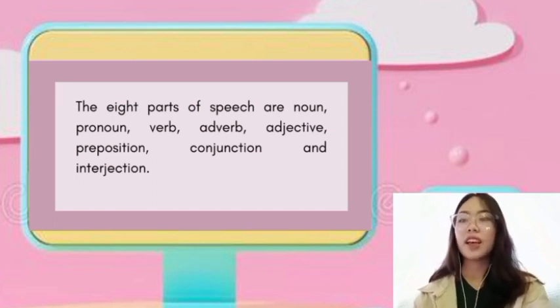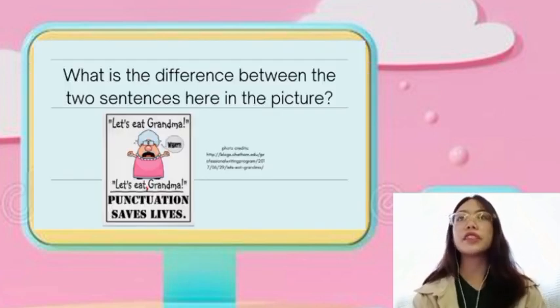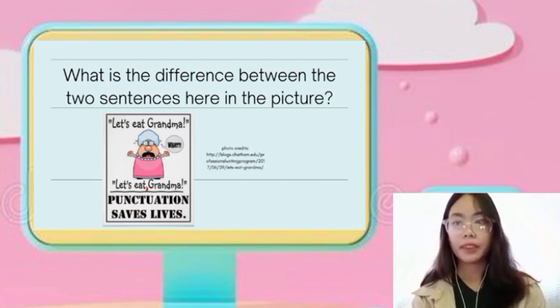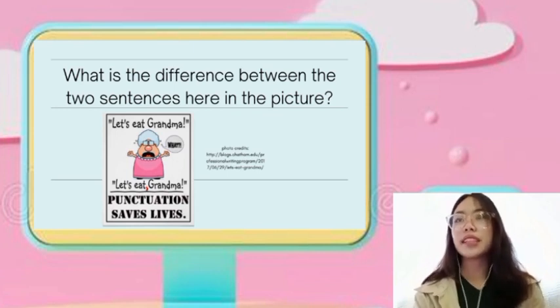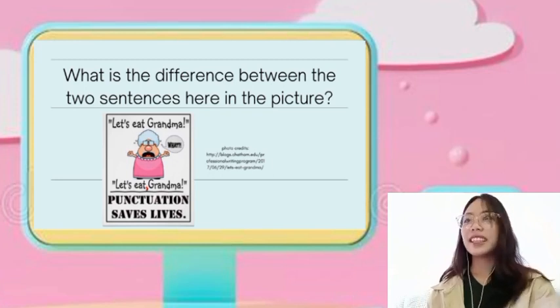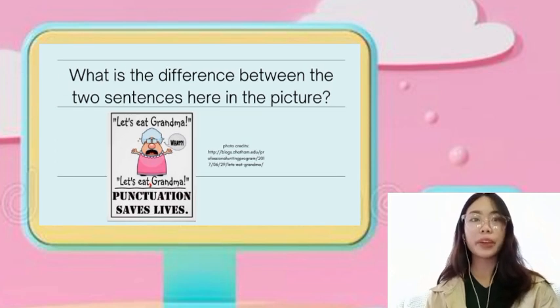Now, let's move on. I will show you a picture and kindly tell me what is the difference between the 2 sentences in that picture. Guinevere, what is the difference? Yes! The first sentence has no comma, while the second one has.